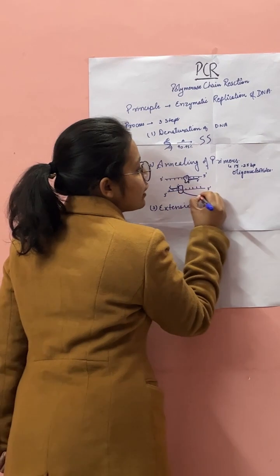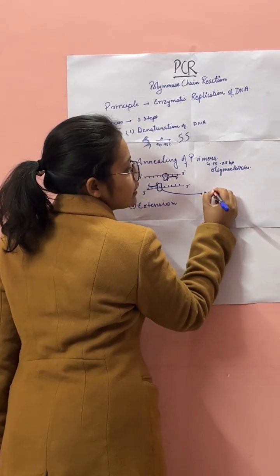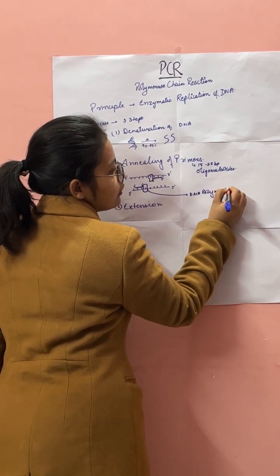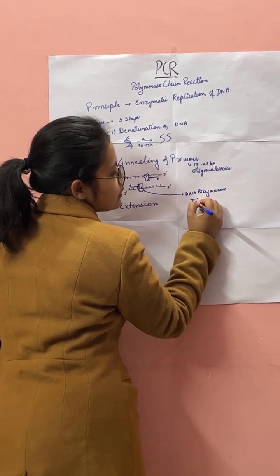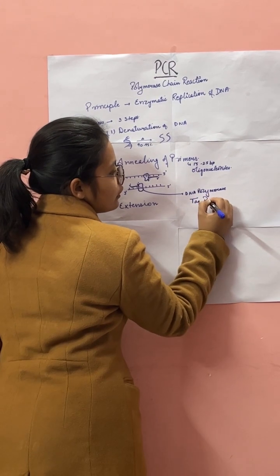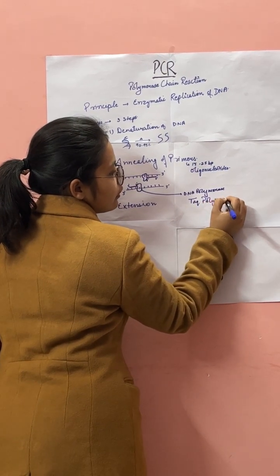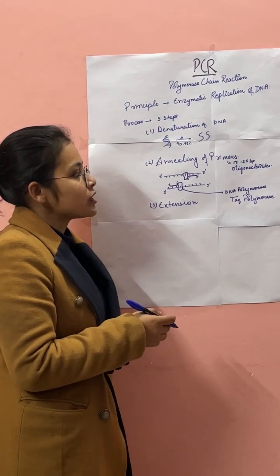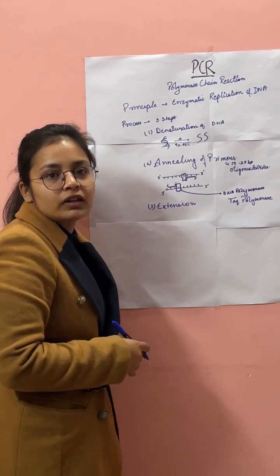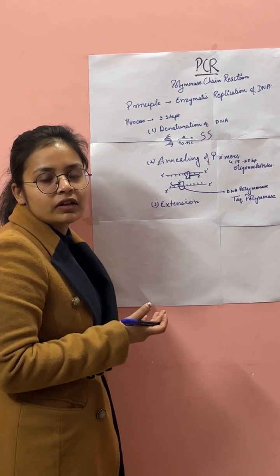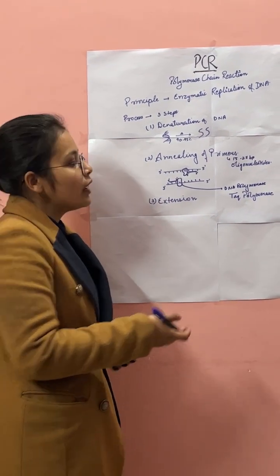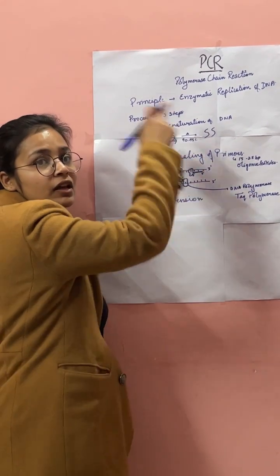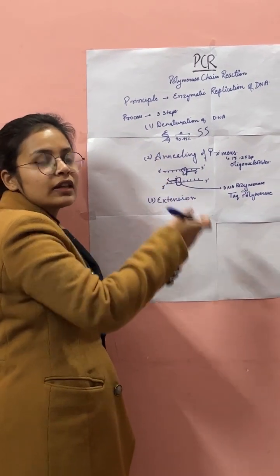So this DNA polymerase is basically Taq polymerase. That means it is thermostable species derived from Thermus aquaticus. This species Thermus aquaticus produces an enzyme called Taq polymerase, which we use for this process, as this whole process takes place in vitro, which is in lab.